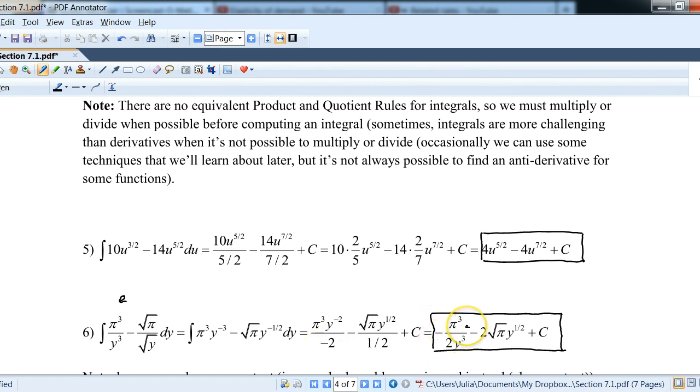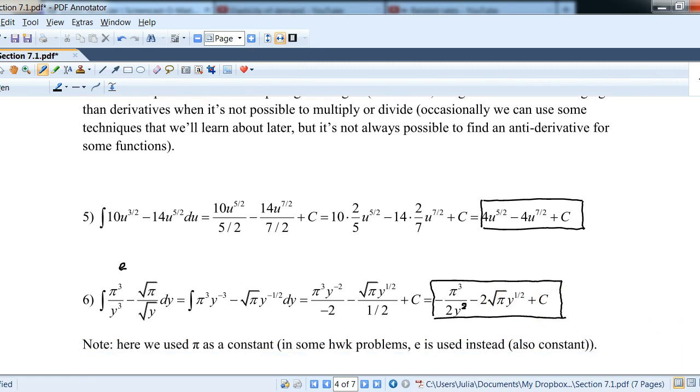Keep the pi cubed on the top, and you keep the 2 in the denominator, and you can put y squared in denominator. Actually, there should be a square. I'll put a 2. Minus, now the divided by 1/2 actually becomes a 2. You can put it in the front. 2 square root of pi y to the 1/2 plus a constant. So that's how you work this one.